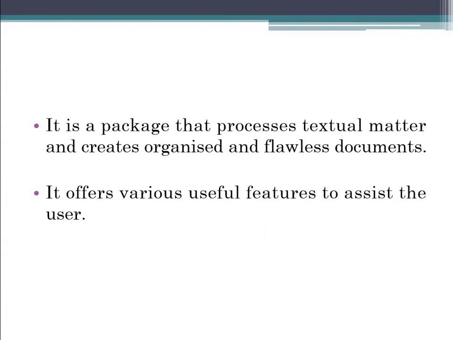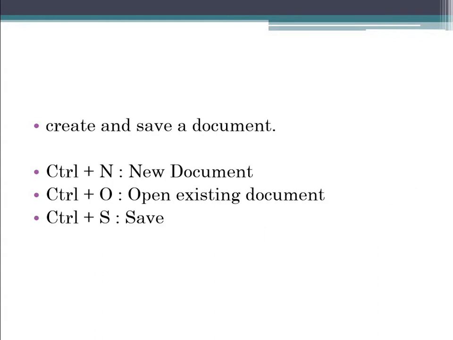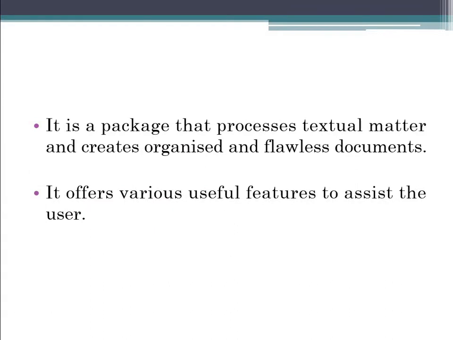And it offers various useful features to assist the user. The user means we are the users. We will be using the software. There are various useful features in this software, and they are there to help us. The word processing software assists us to save the document.